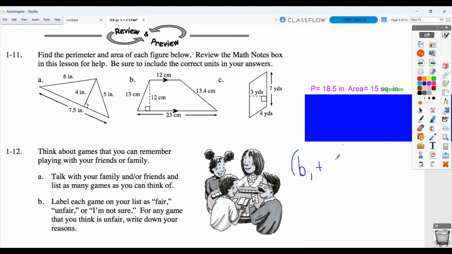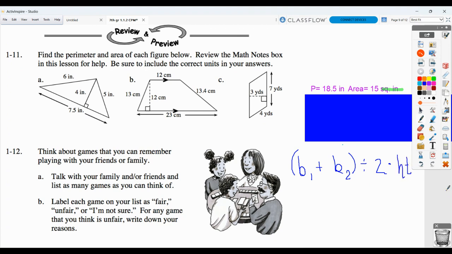In other words, remember that those last 2 steps can be interchanged. So you can divide by 2 first, and then multiply by the height, or you can multiply by the height and then divide by 2 at the end.